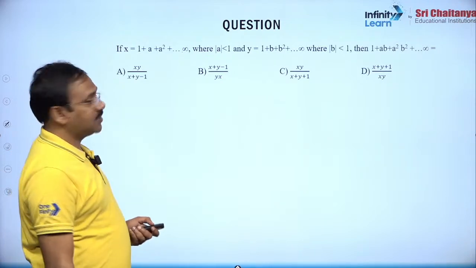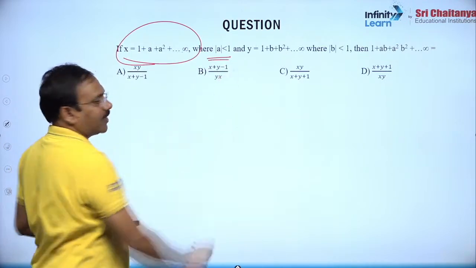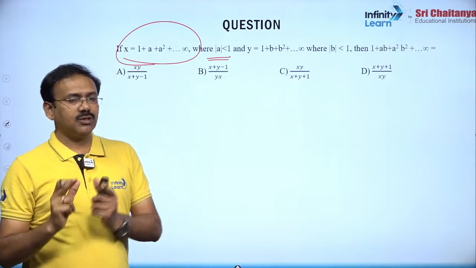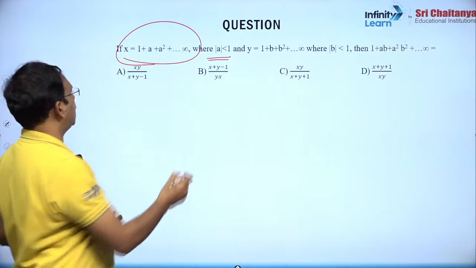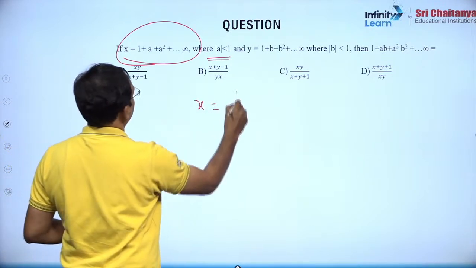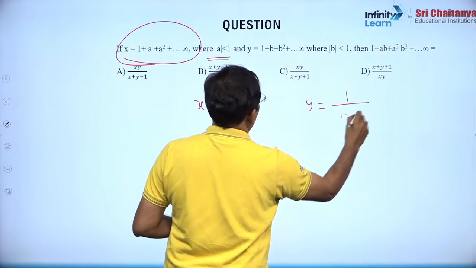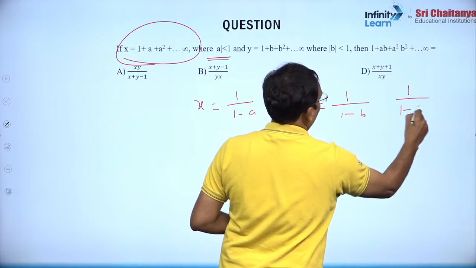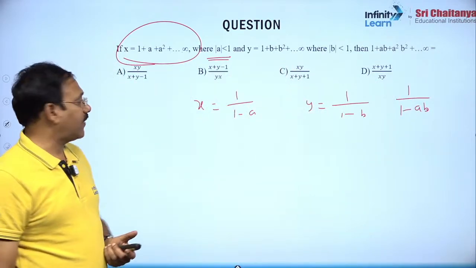Right, dear students, here you see x is the sum of an infinite GP with modulus less than 1. In GP, most of the part, S infinity is very important. Here x is nothing but a by 1 minus a, y is nothing but 1 by 1 minus b. But you want the expression 1 by 1 minus ab in terms of x and y.